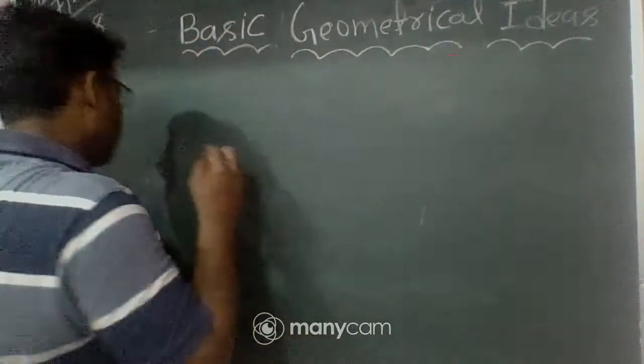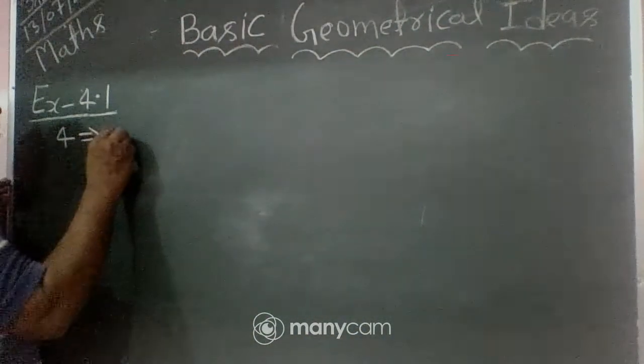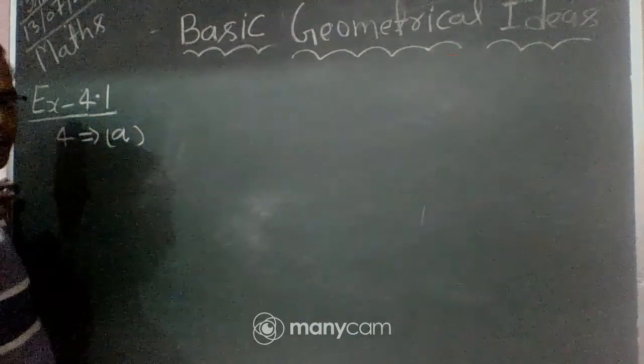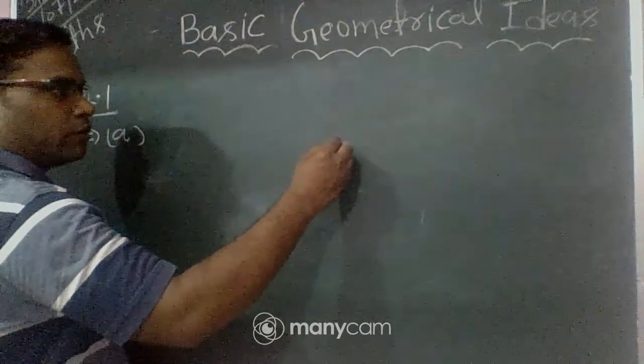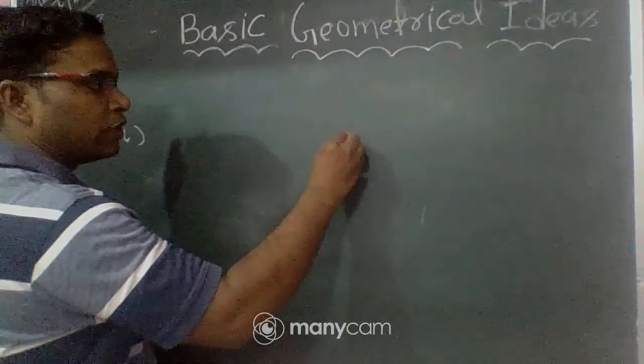Okay, so part A: how many lines can pass through one given point? You can see this is one given point.